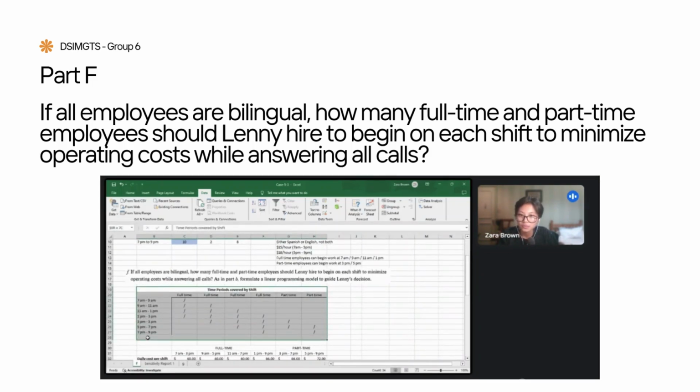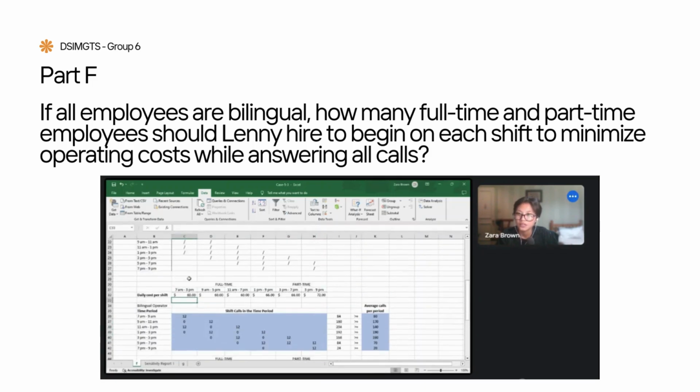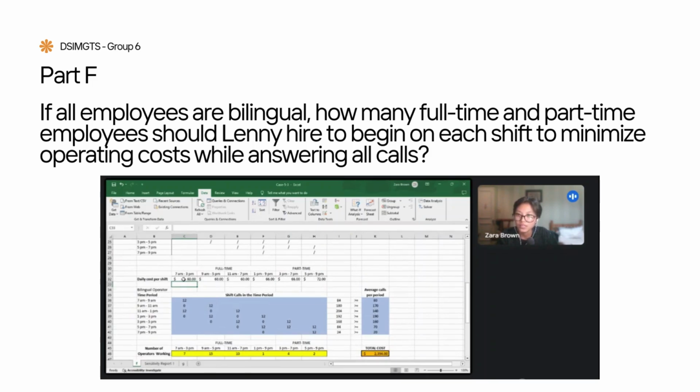To easily demonstrate this, I've created a time period covered by shift, each of these 2 hour shifts, so it'll be easier to picture their shift. So right here are our daily costs per shift, calculated by how many hours each operator will spend taking calls.